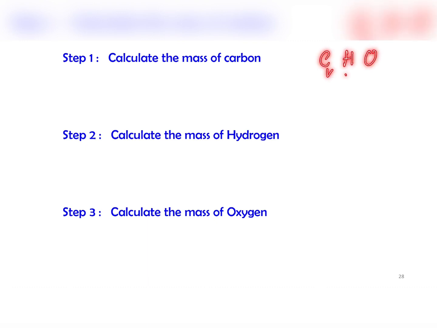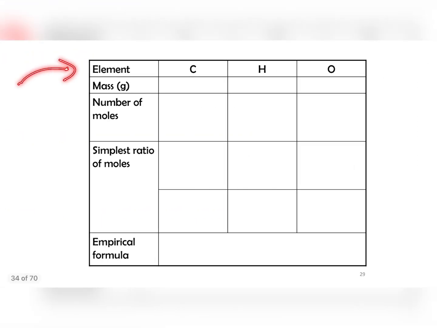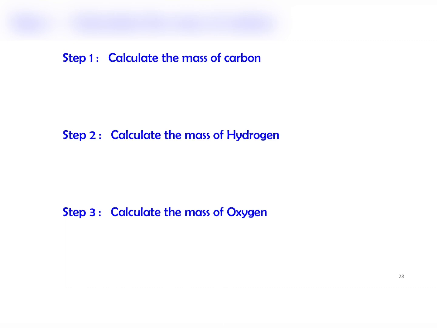So kita kena cari satu-satu dulu, barulah kita boleh masukkan dalam this table. So first kita cari mass of carbon. Okay, so you are given with mass of CO2 2.52 gram. So kita nak cari mass of carbon. So kita kena calculate guna information about CO2, sebab dekat sini ada carbon atom yang kita nak cari. So just ikut step by step, kamu akan dapat jawapannya.